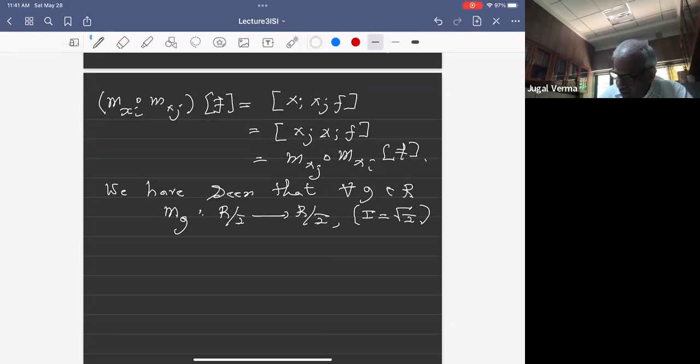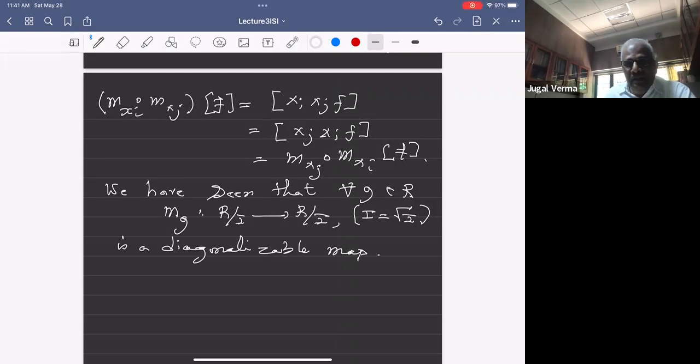If I replace I by the radical of I, the zero set of I and the zero set of the radical of I are one and the same. So when I is its own radical, then we have seen yesterday that this map Mg is a diagonalizable map.